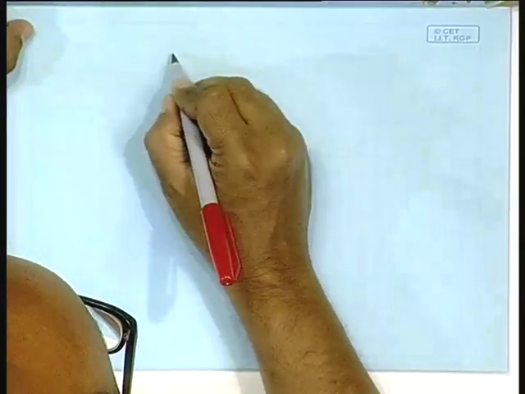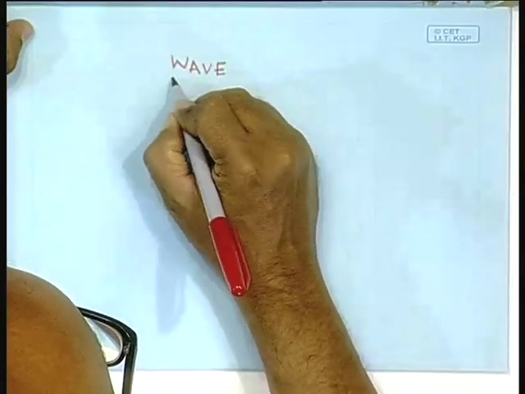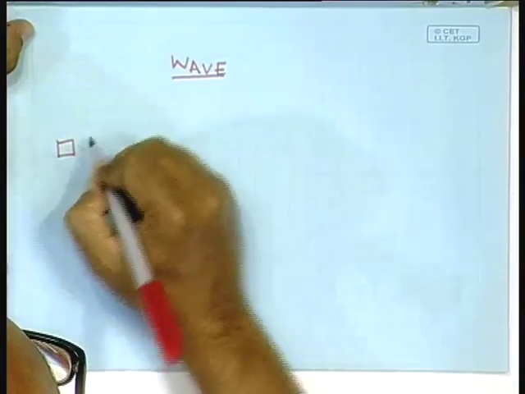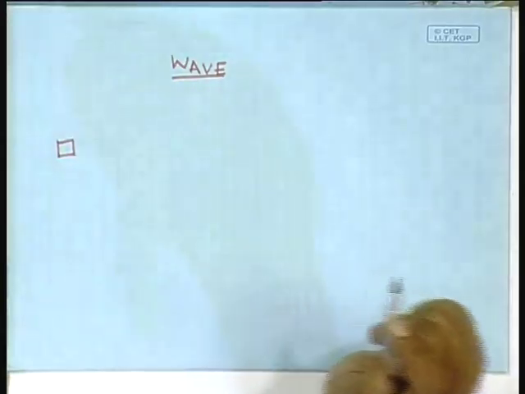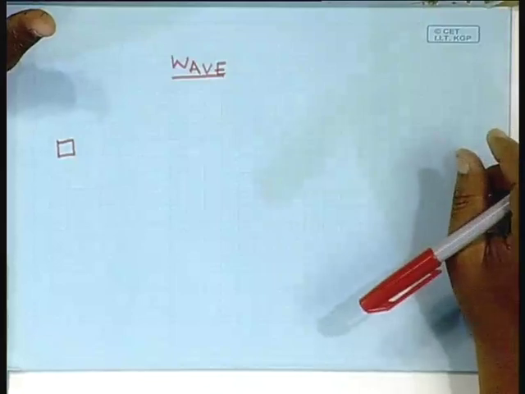So, there is a source here, let us say, with any wave, need not be light, which emits a wave in the forward direction. This could be an electromagnetic wave, as we have been discussing over a large number of lectures. Electromagnetic radiation is a wave. So, it could be an electromagnetic wave that is being emitted by this source in the forward direction.